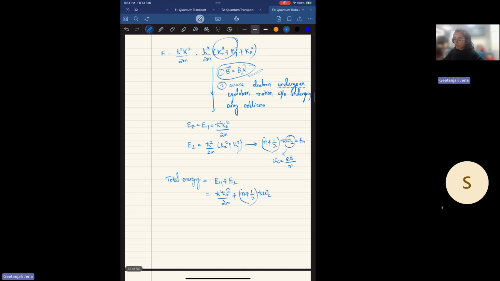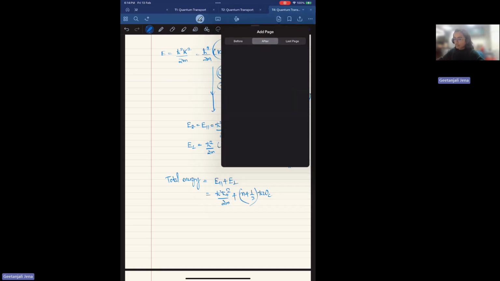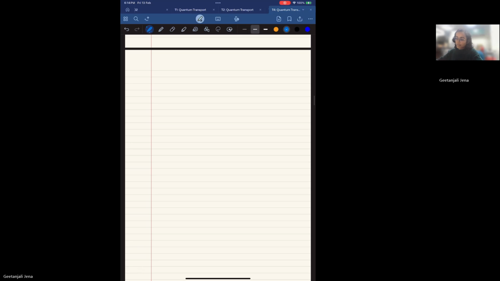Pictorially, if you want to understand what is happening to the energy levels, previously we had energies for the 2D case, which are equally spaced. This is the energy level in the absence of any magnetic field.